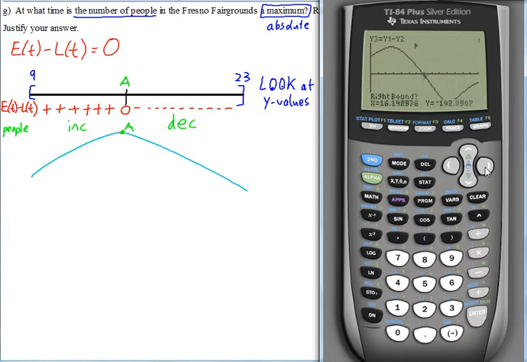Then the right bound, choose something to the right of the 0, hit enter. For your guess, choose something in between. Right there is our 0. Hit enter, and it gives it to you. Notice this doesn't say 0, but it's really close to 0. This means 1.4 times 10 to the negative 10th, just scientific notation. So your calculator is giving you a very accurate approximation of 15.81.